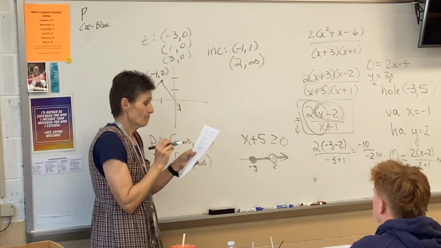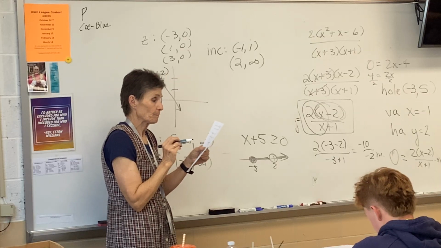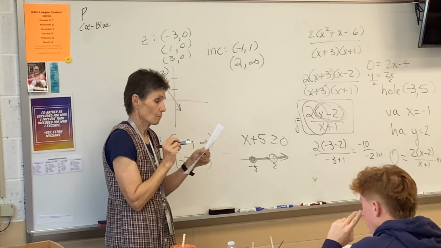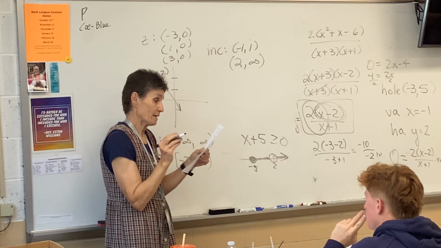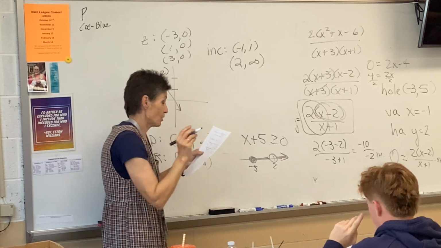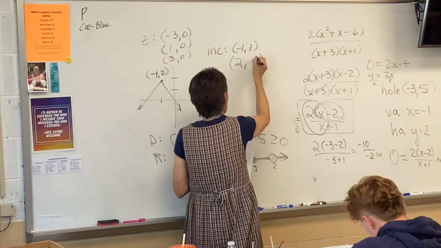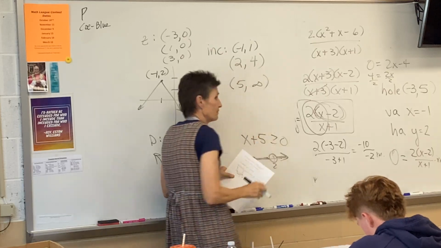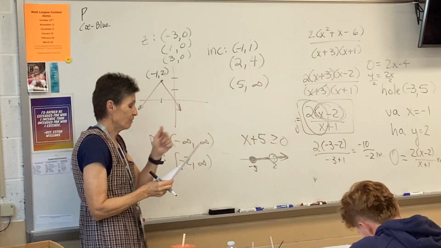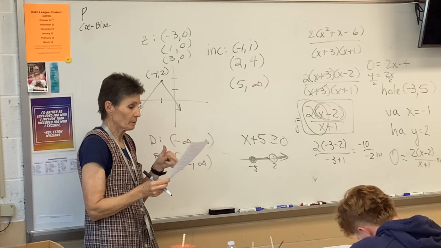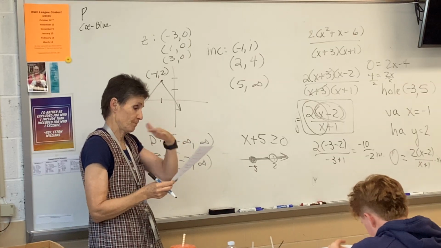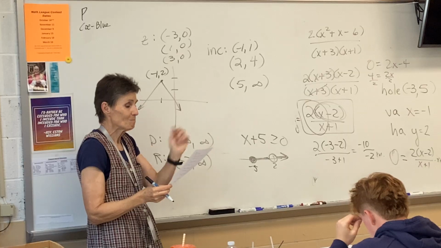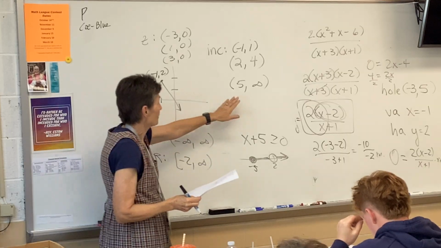Oh, actually, I've got to be careful, because it goes flat. So 2 to 4, and then from 5 to infinity. Oh, it's got a flat line in there. So it's only increasing from 2 to 4, the beginning of the flat line, and then from the end of the flat line. Thank you, you're right.